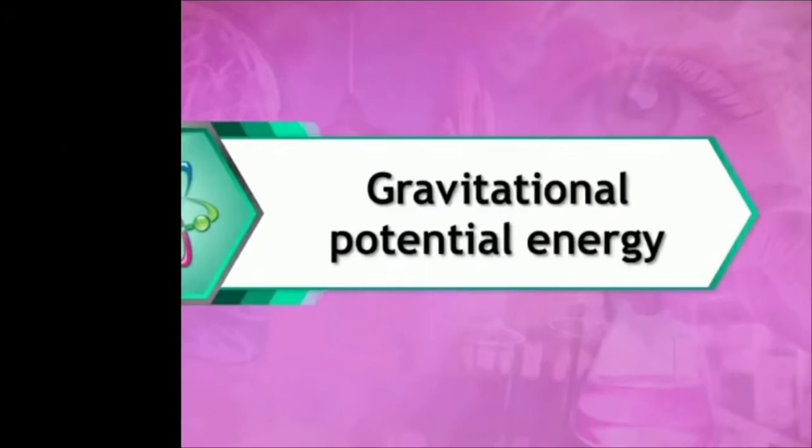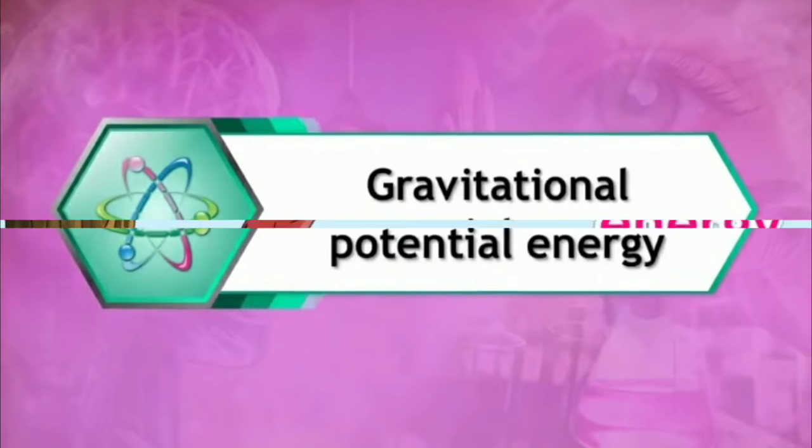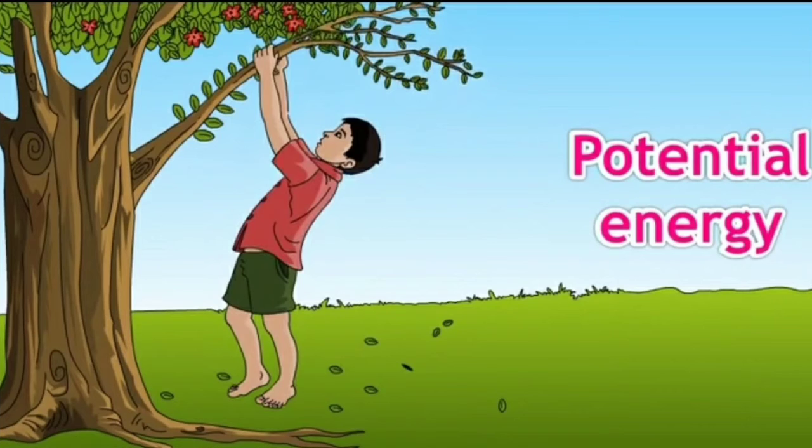Let us learn the next topic, gravitational potential energy. Children, we have studied potential energy in our previous standards, right? So what is a potential energy? It is the energy stored in an object because of its position or state.